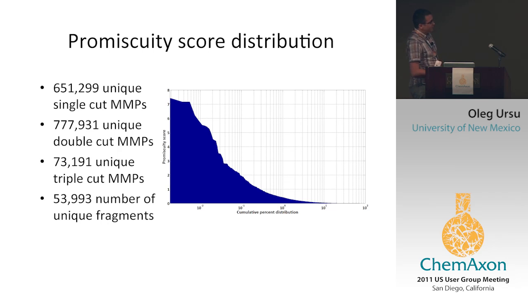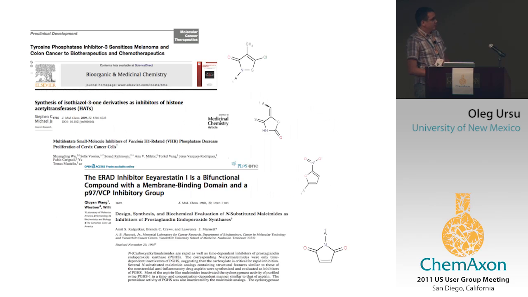If you look at the distributions of scores and fragments, you can potentially use this distribution to assign color coding, with the most promiscuous as red and the less promiscuous as blue. And the next thing I did, I was interested, if these are promiscuous fragments, what does the literature say about them?